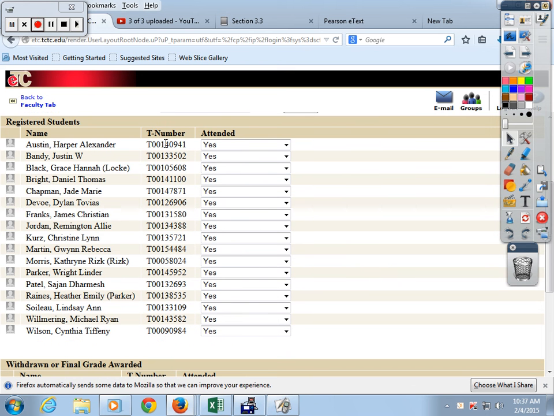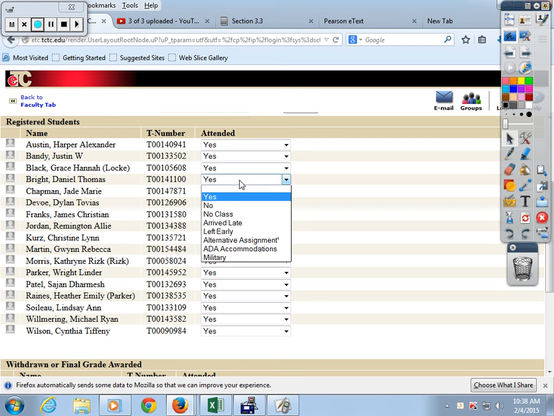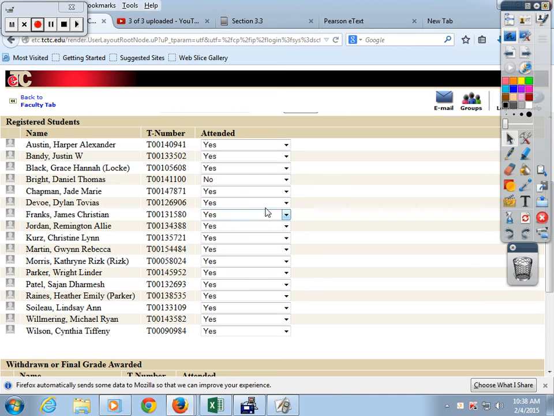Okay, Alston. Which one's Alston? Okay. Bandy. Which one's Bandy? All right. Black is here. Bright is not here. Bright is drunk somewhere. Chapman. DeVoe, are you here? Why are you so quiet, Mr. DeVoe? You all right back there? You don't look like it. You look like you're mad. Franks is here. Jordan, finally. Kurz, she left early. Miss Martin is here. Morris is here. Parker.